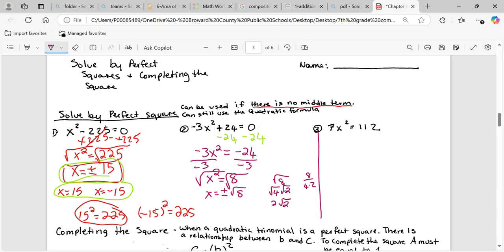That means the square root of 8 can be simplified into 2 square root of 2. My exact answer is x is equal to plus or minus 2 square root of 2.